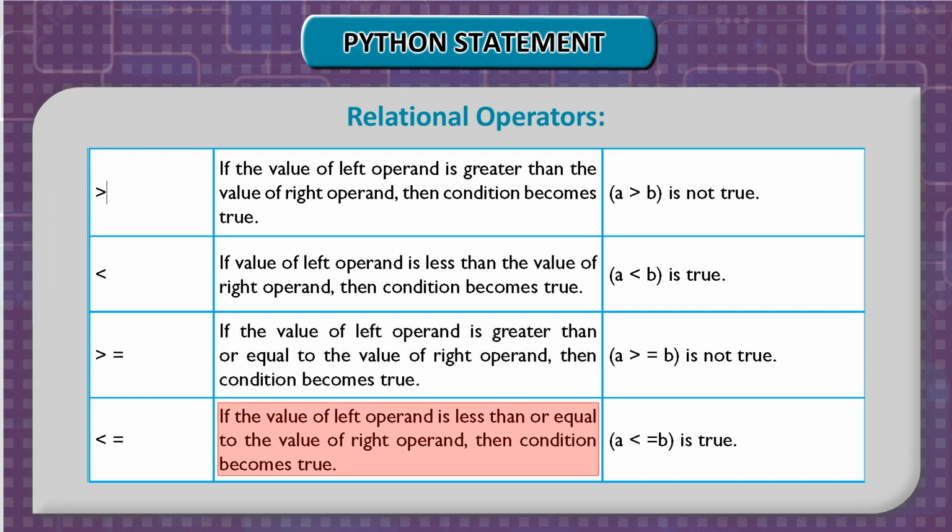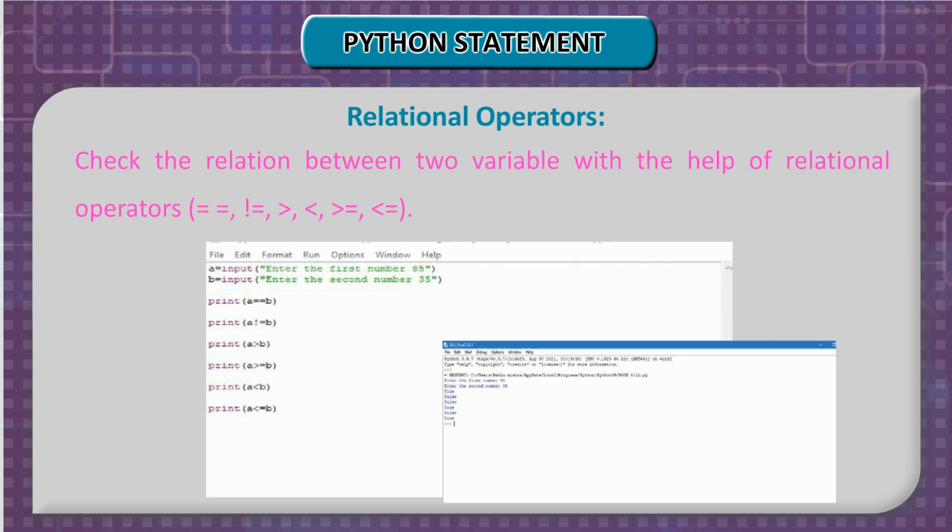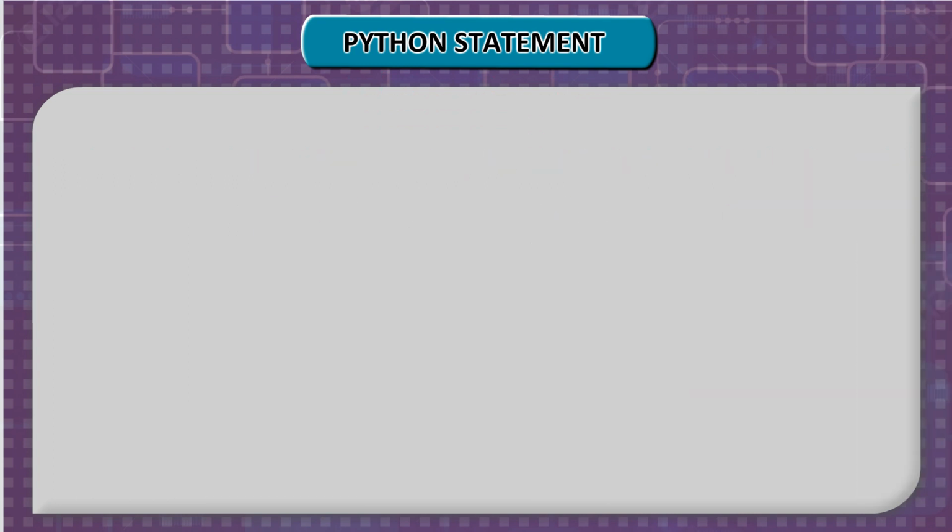If the value of the left operand is less than or equal to the value of the right operand, then the condition becomes true. a greater than b is not true. a less than b is true. a greater than or equal to b is not true. a less than or equal to b is true. Check the relation between two variables with the help of relational operators.